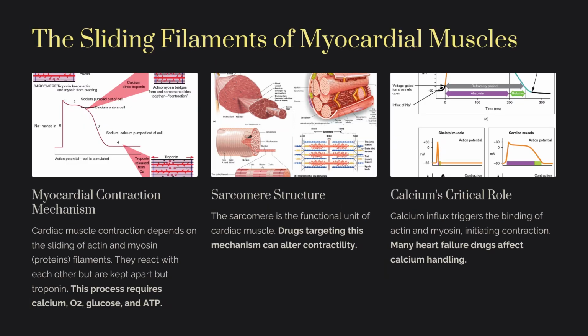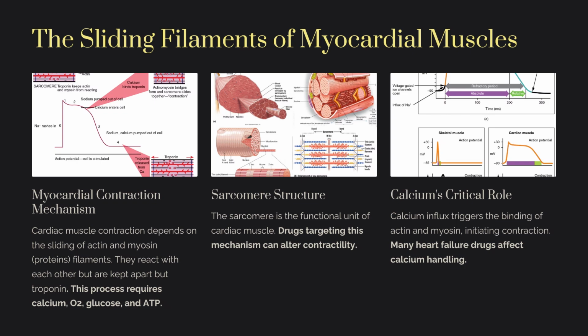So this is just a slide going over how contractions work. Basically, what I'm just going to point out here, that our heart contracting is reliant on calcium, oxygen, glucose, and ATP. Okay. As far as the function, if function is an issue, then drugs can target that specifically in order to affect contractility.